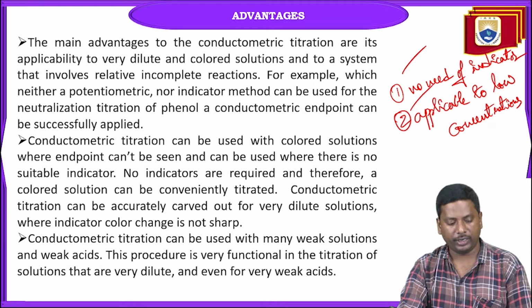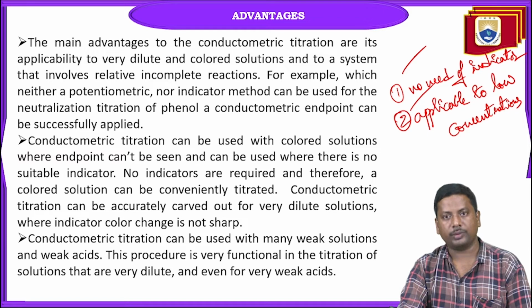It also works for very dilute solutions, and where the indicator color change is not sharp. That means in manual, classical titrations, where the endpoint is not sharp, such titrations can also be done by using conductometric titration.